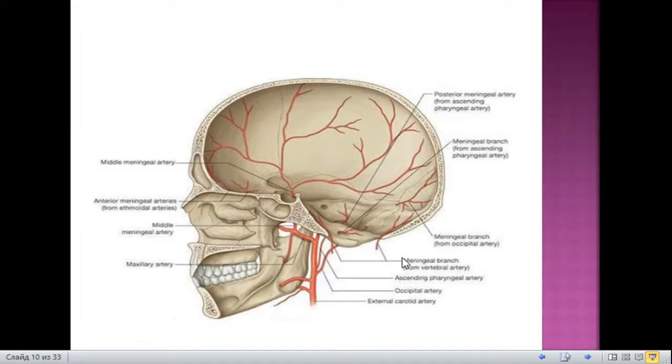And last, at the posterior cranial fossa, we have meningeal branches of the vertebral arteries as well as from the basilar artery. So that was the blood supply of the dura mater.